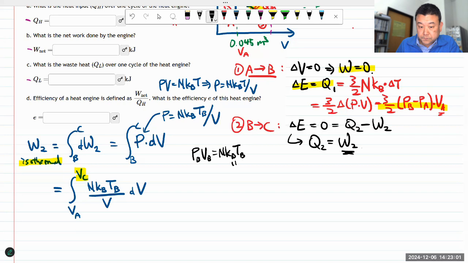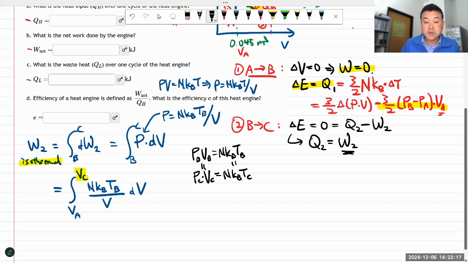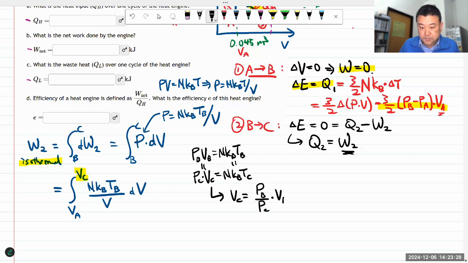This is equal to NkB times the temperature at the final step, C, which through the ideal gas law is equal to the pressure at C times the volume at C. So through the transitive property, these two are equal to each other. So VC, doing the algebra in my head, I could write as PB over PC times VB.